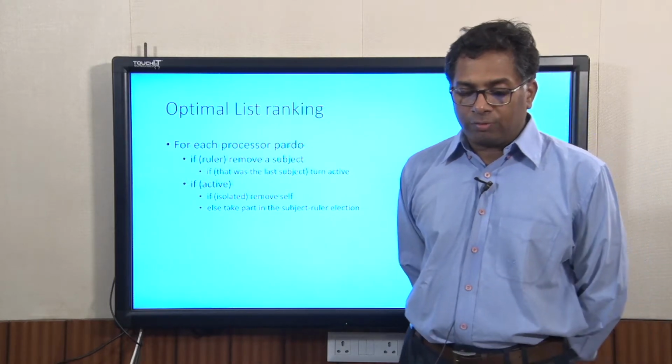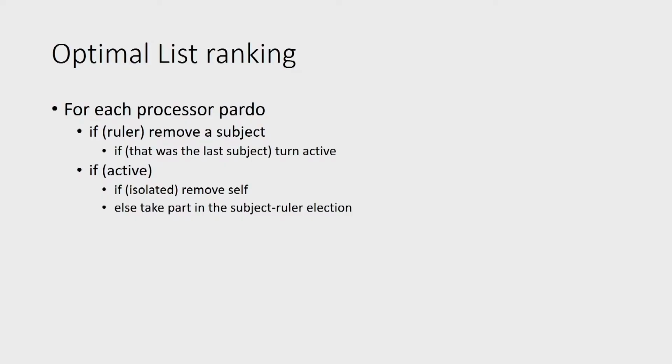In the second part of the iteration, every active node will check this. If the node is active but isolated, in the sense that it does not have another active node as a neighbor, then the node is spliced out. On the other hand, if it is active but not isolated, then it is part of a sublist of active nodes.